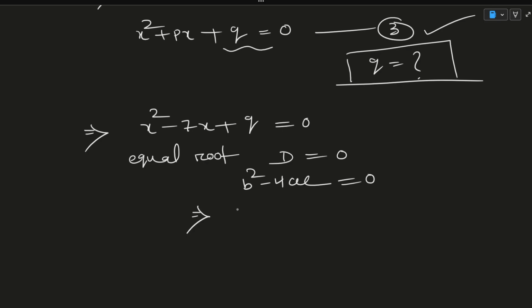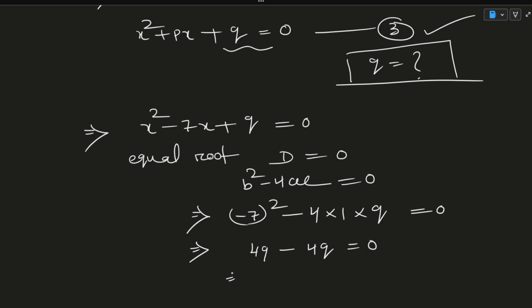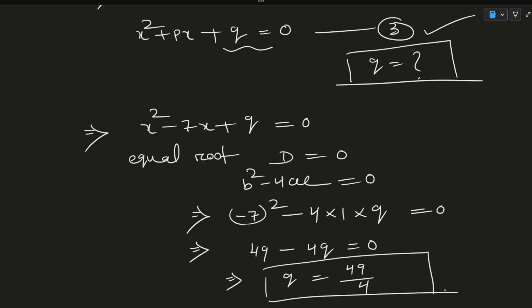Which implies minus 7 square, 49, minus 4 into a is 1, c is q, should be equal to 0, which implies 49 minus 4q is equal to 0, which implies q is equal to 49 by 4. It is the correct option.